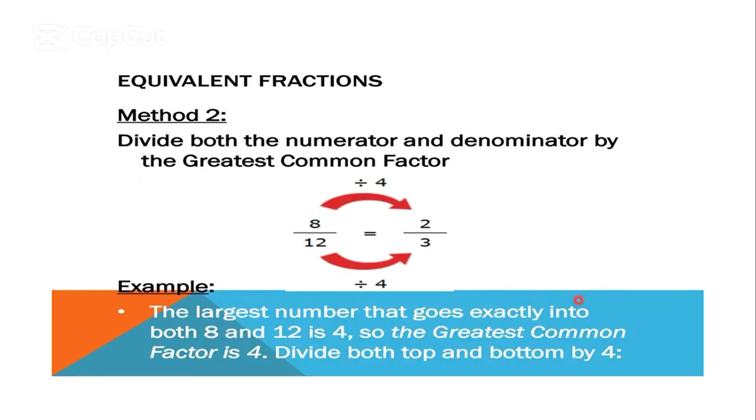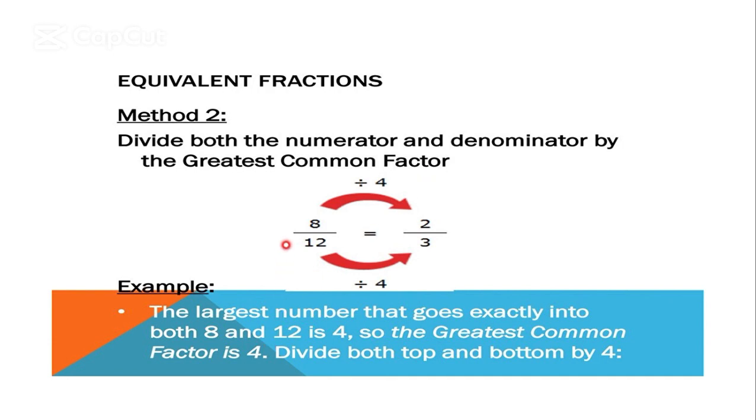Another method is the easier way, because I just need to find the greatest common factor, or GCF. So divide both the numerator and denominator by the GCF, the greatest common factor.